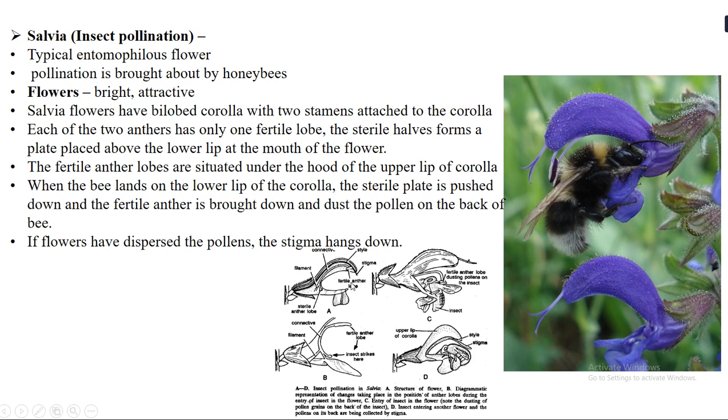Once this salvia flower has dispersed its pollen, the stigma hangs down. And as the stigma hangs down, if this bee lands on the other flower, it will dust the pollen grains on the stigma of the other flower. So this is the insect pollination in salvia.